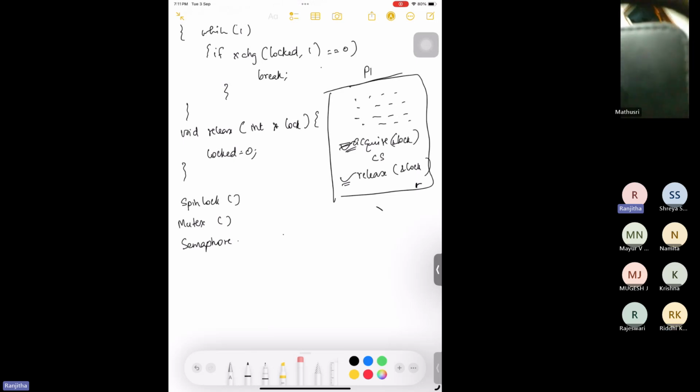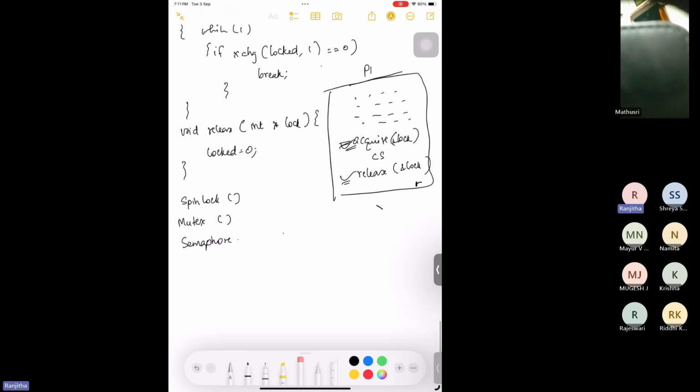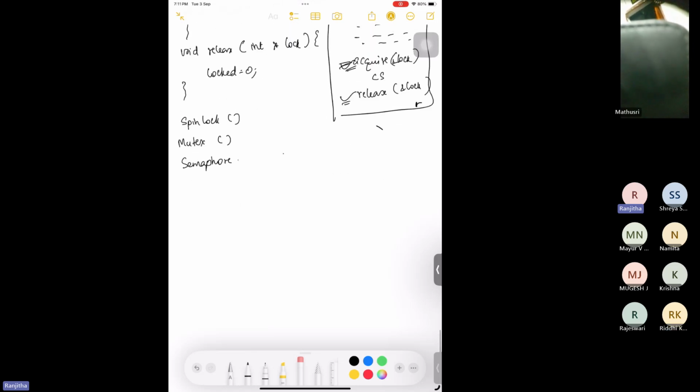As I showed you, this is how we will be using it in the processes. In P1 we will have acquire lock, the critical section here, then release lock.